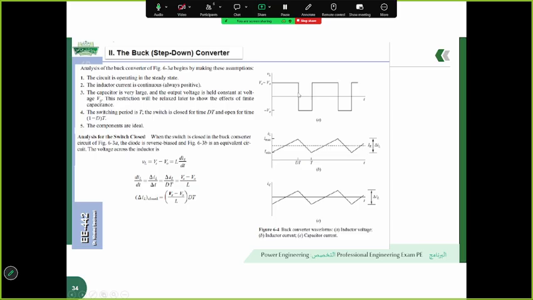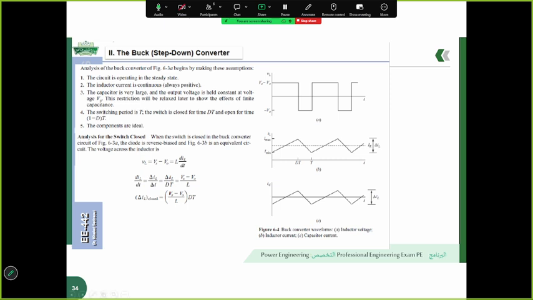The current rises linearly during on time because VL is bigger than zero, and the current falls linearly during off time because VL is less than zero. The ripple is a triangle with amplitude delta IL, and the average current corresponds to the load current.